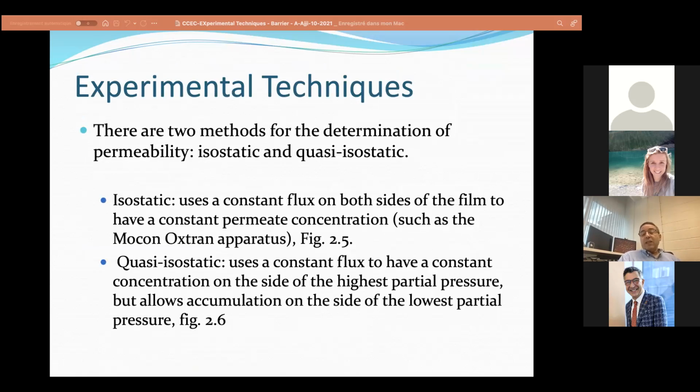In terms of experimental techniques used to measure permeability, there are mainly two types: one called isostatic, and one quasi-isostatic. For those of you who are familiar with this type of equipment, there is one from the company Mocon in the US for oxygen permeability, the Oxtran equipment.